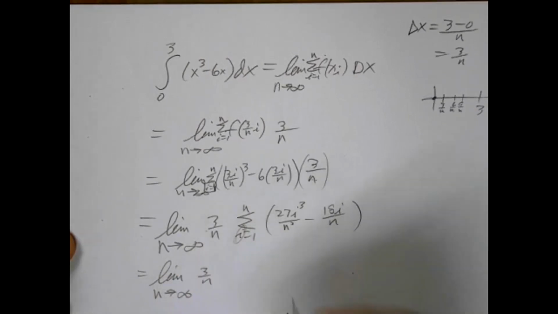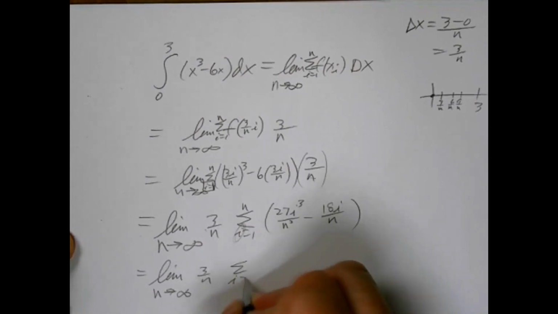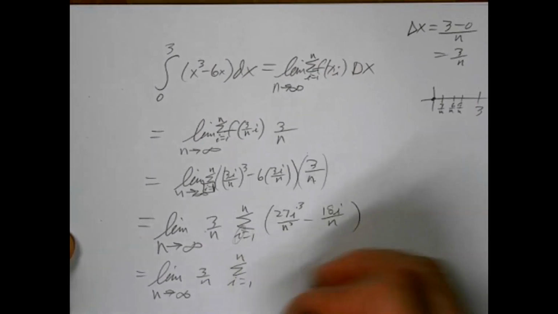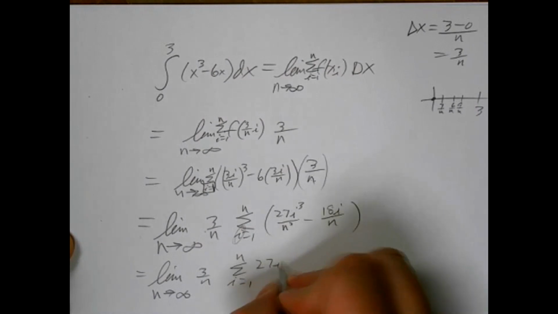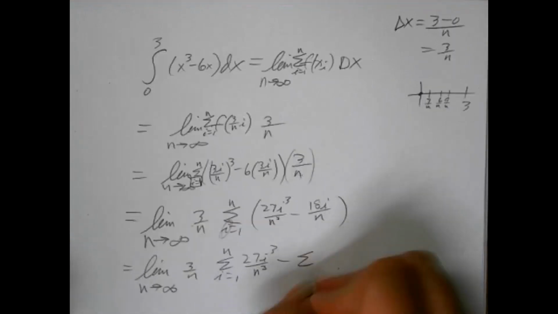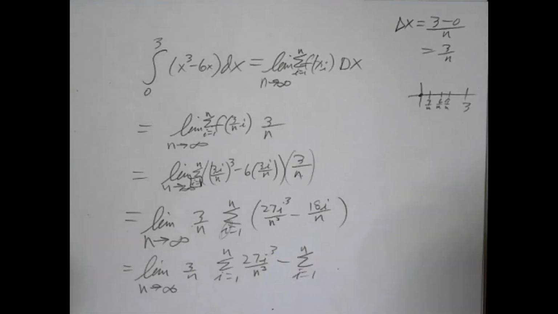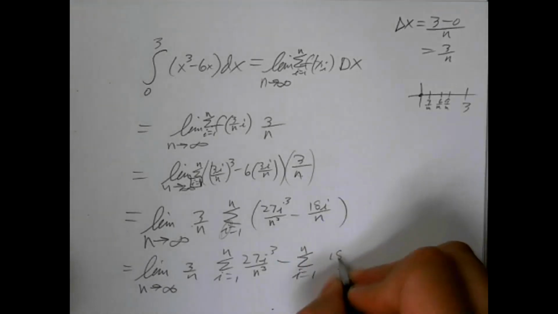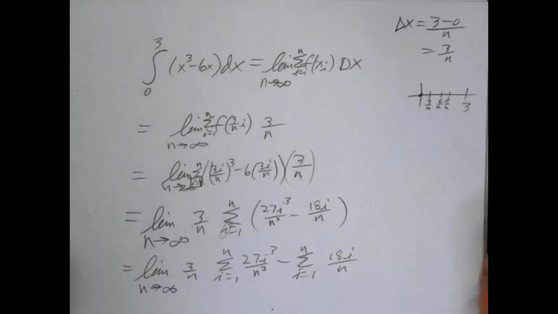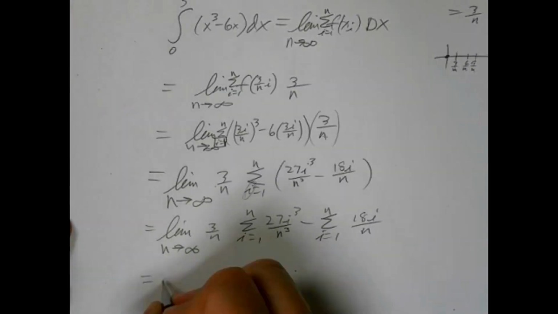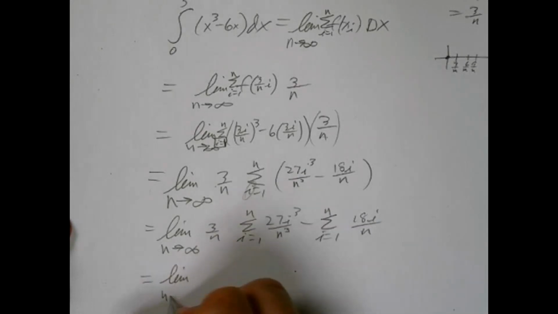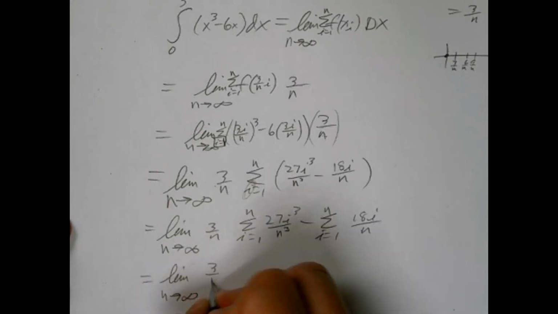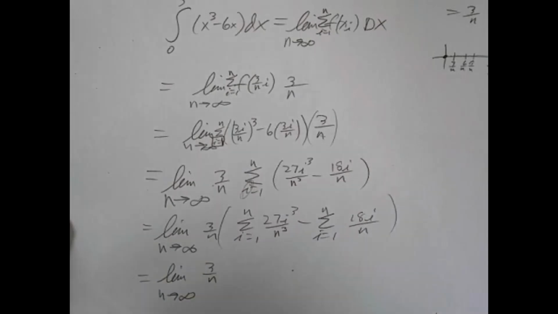This is a summation from i equals 1 to n of 27i cubed over n cubed minus a summation from i equals 1 to n of 18i over n. Okay, and then doing the same thing again. Limit as n approaches infinity, 3 over n, and that's times all of this, of course.